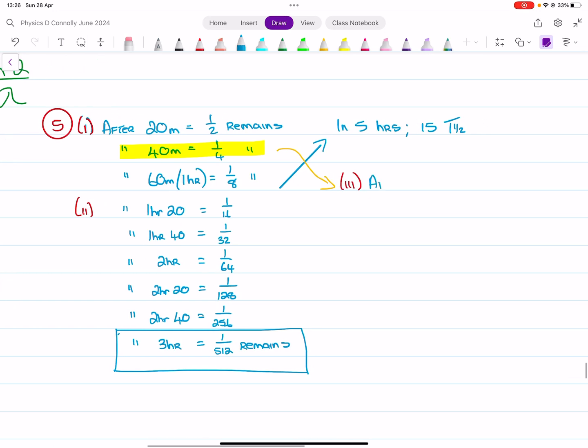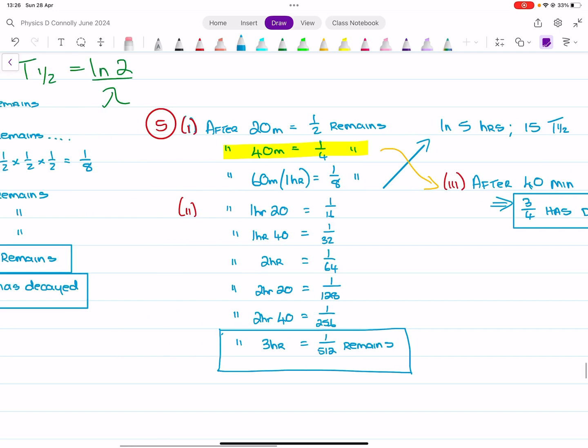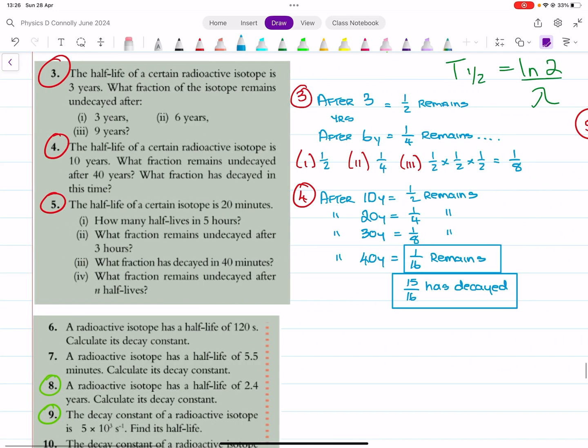So after 40 minutes, a quarter remains, which implies that 3/4 has decayed. Okay, what fraction remains undecayed after n half-lives?